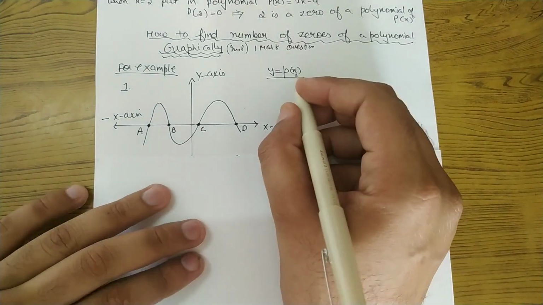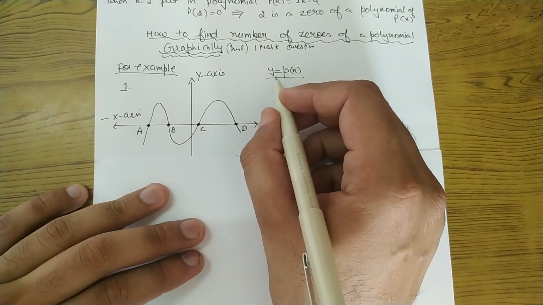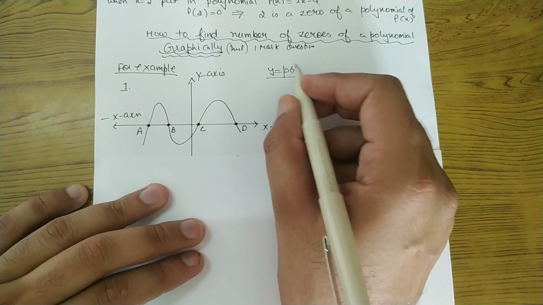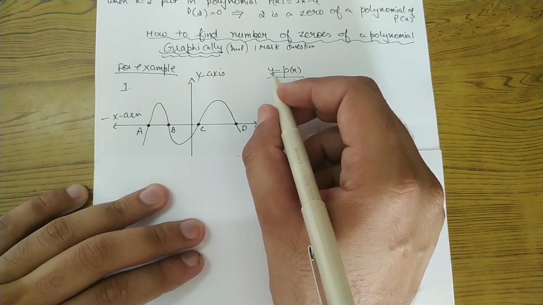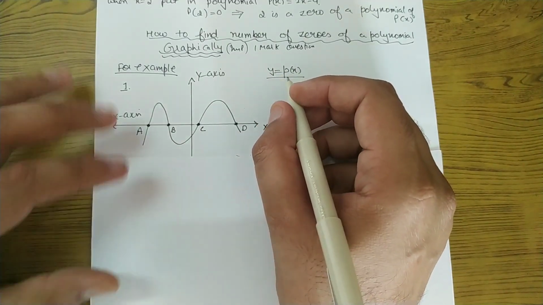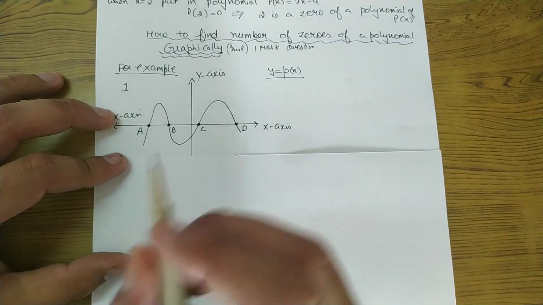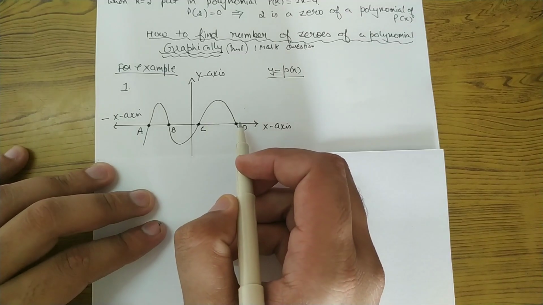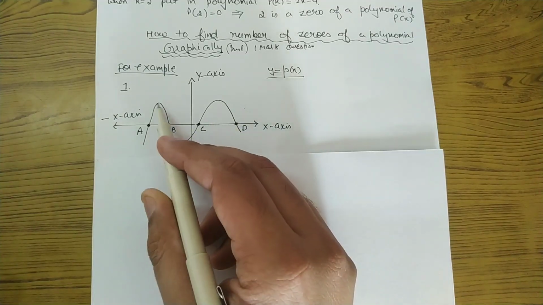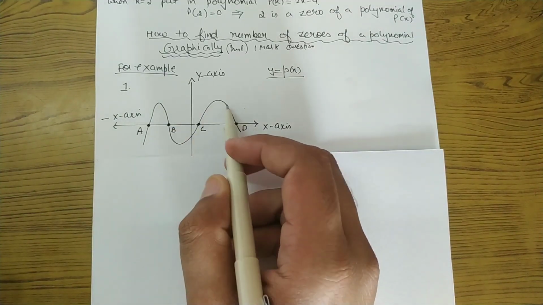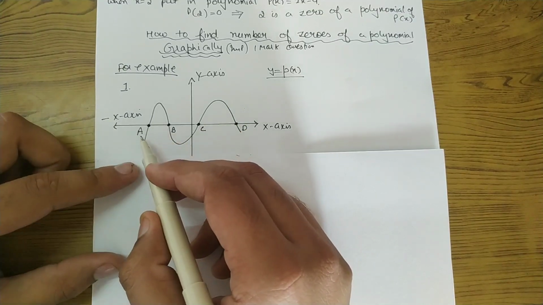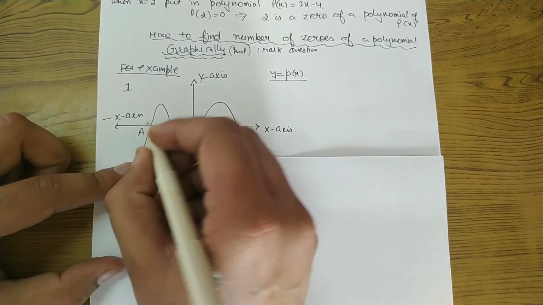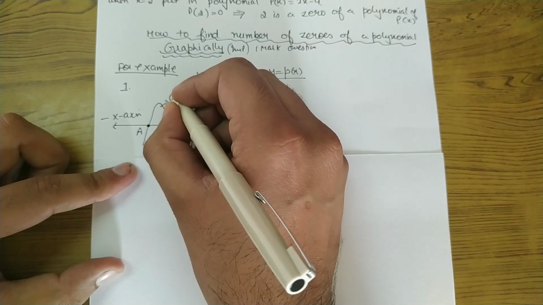Let me tell you, the polynomial is called y. Every polynomial is named y equals p(x). In this graph you will see a curve. This is not a straight line, that is called a curve.